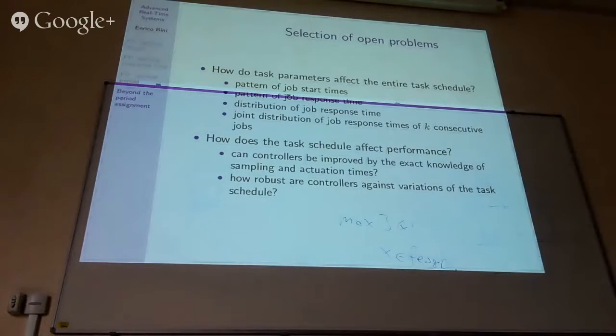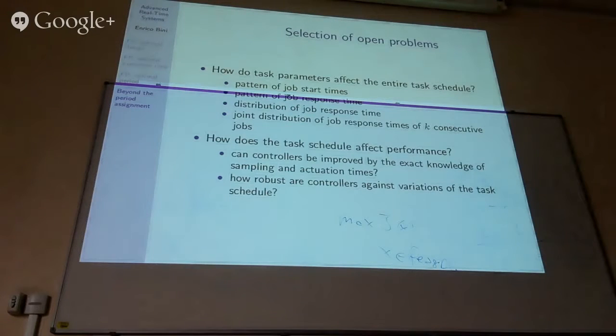Excuse me, here the exact knowledge of sampling and actuation times. This means the worst case scenario does not hold here, because we know the exact activation pattern. One would like to know the exact pattern. The worst case is just one value, right? It's the longest.